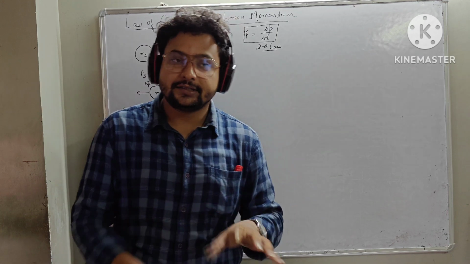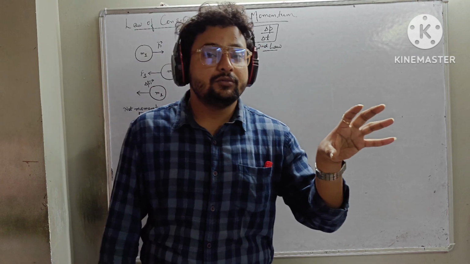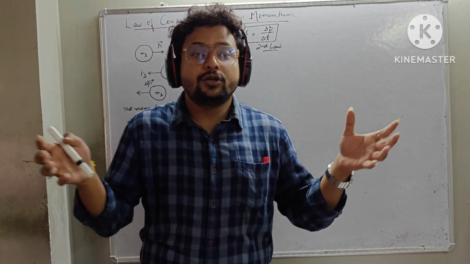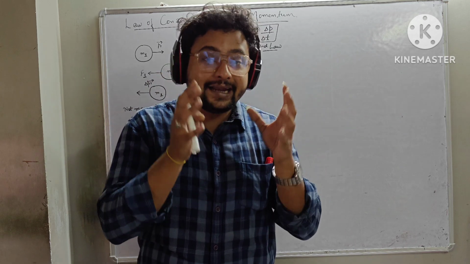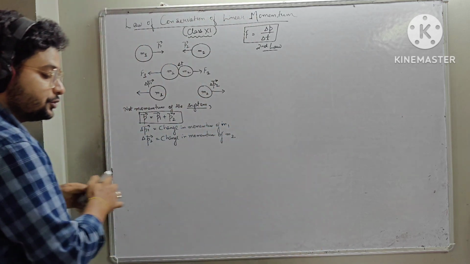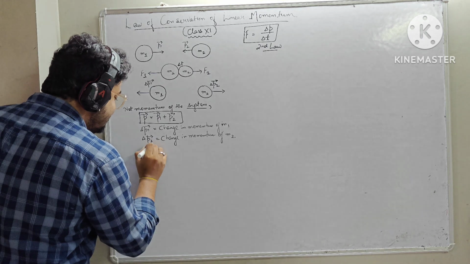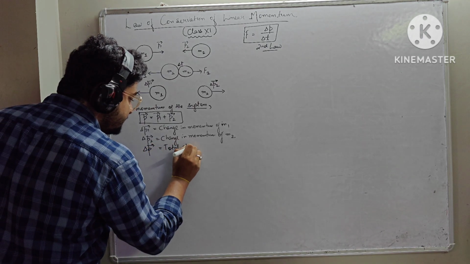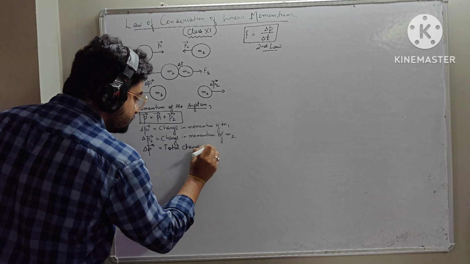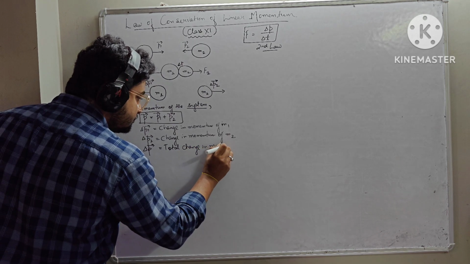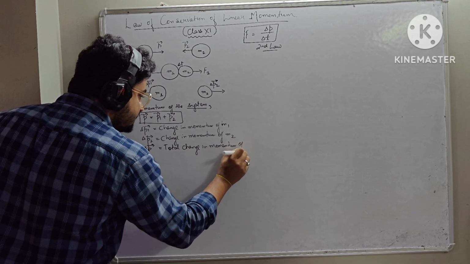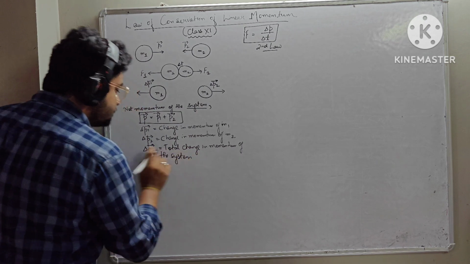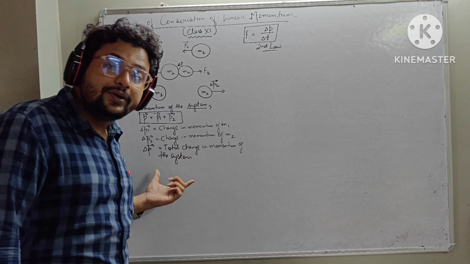I hope all of you can understand. If there is a change in momentum of the first body and a change in momentum of the second body, then the total momentum of the system has to change. So let us consider delta P is the total change in momentum of the system.